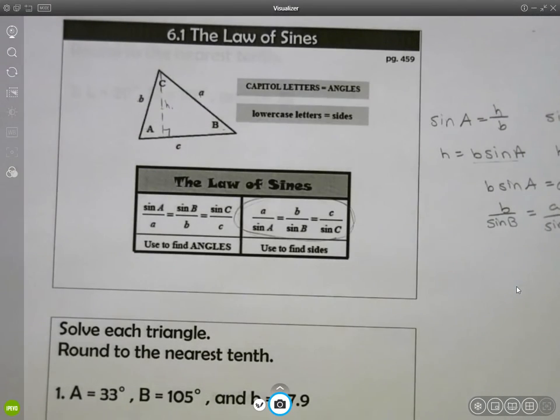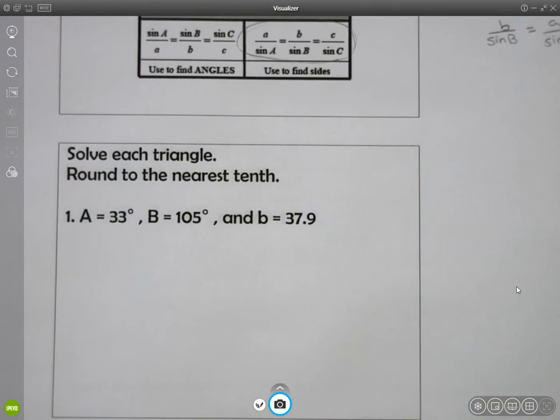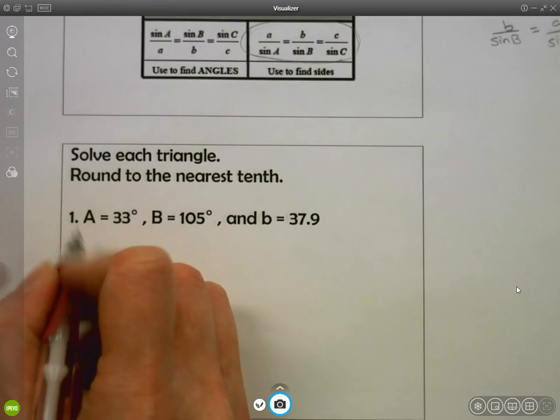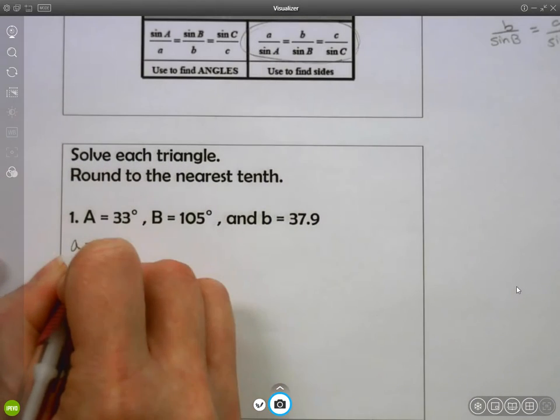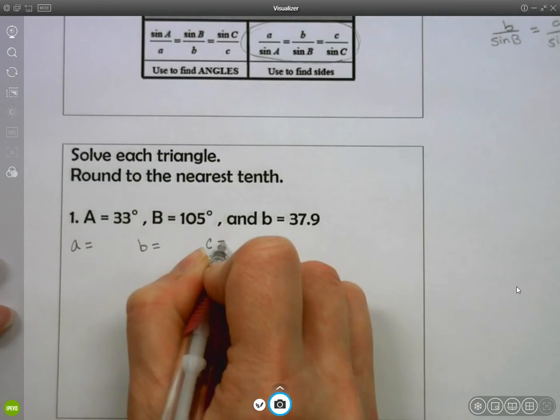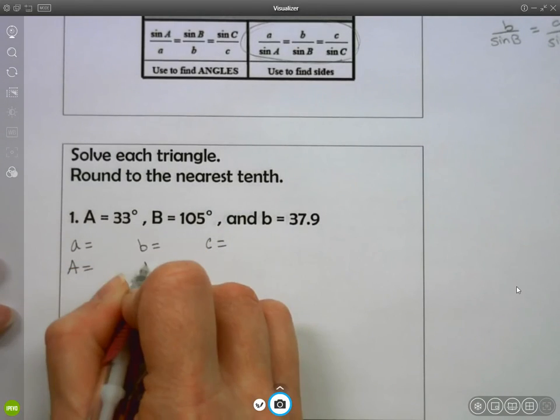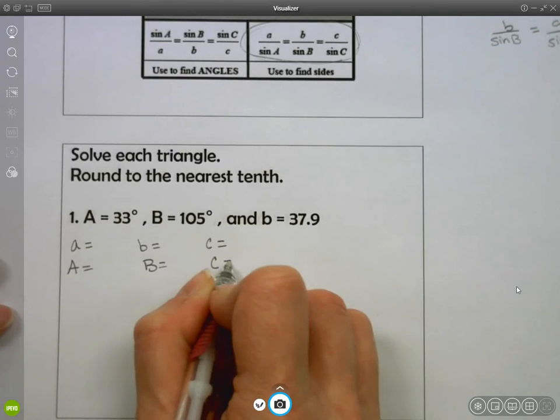So remember when they tell you to solve a triangle, you're finding 6 pieces of information. We need to know all 3 sides and all 3 angles. Anytime that I'm told to solve a triangle, because it helps with setting up your law of sines and because it helps with making sure that you got everything and didn't forget anything, I usually set things up by saying side A equals, side B equals, side C equals, angle A equals, angle B equals, angle C equals.